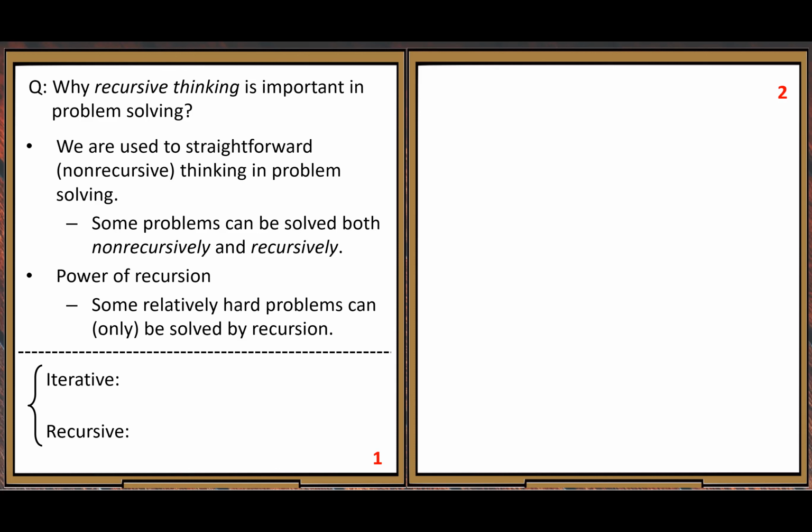If it's not recursive, we call it iterative: using loops in an iterative way, versus the recursive way. The iterative way typically uses fewer resources but is harder to implement. Recursion uses more resources than iteration, but is easier to implement.